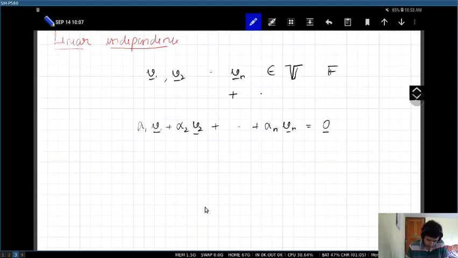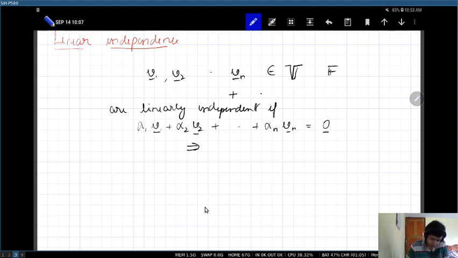So these are linearly independent if alpha 1 v1 plus alpha 2 v2 up to alpha n vn equal to 0 implies that alpha 1 equal to alpha 2 equal to alpha n equal to 0.